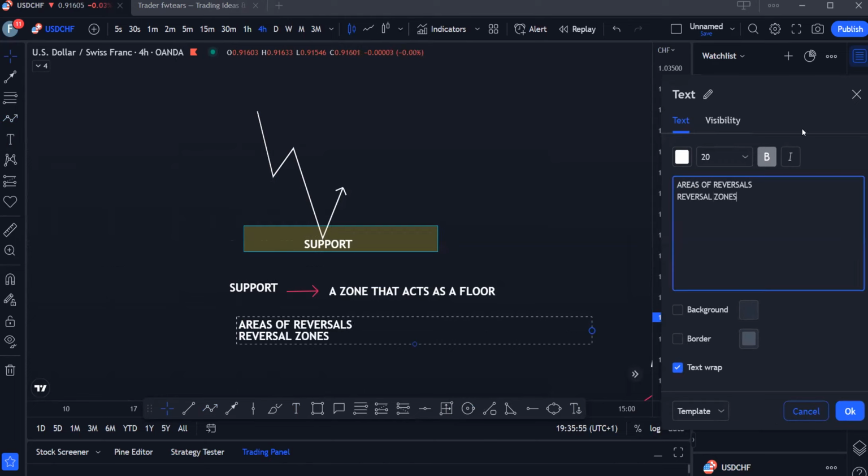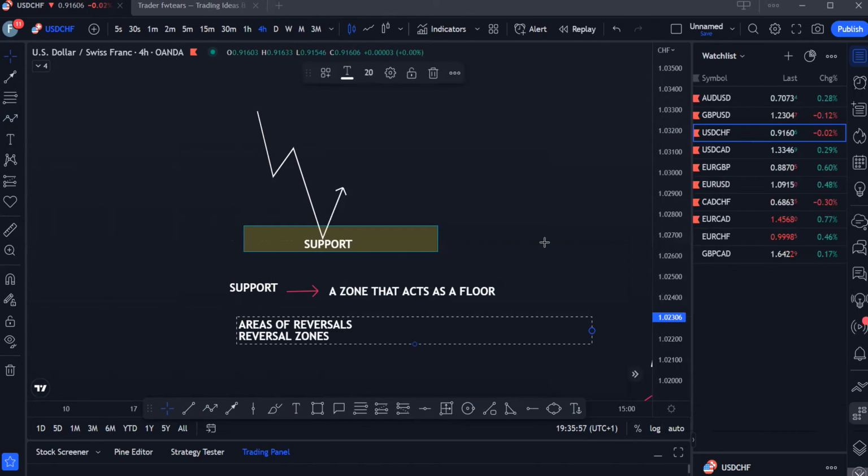Reversal zones. Okay, so you cannot miss it. Price would get somewhere and suddenly there's a change in direction. In this case, when price got to a support zone, we saw a change in direction.